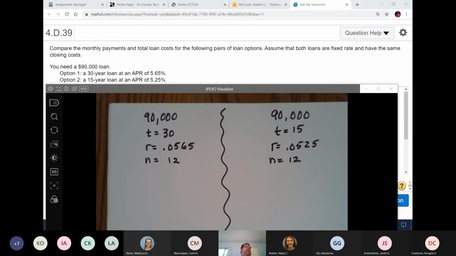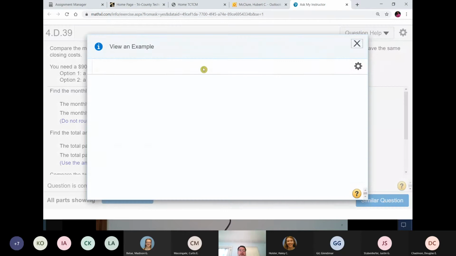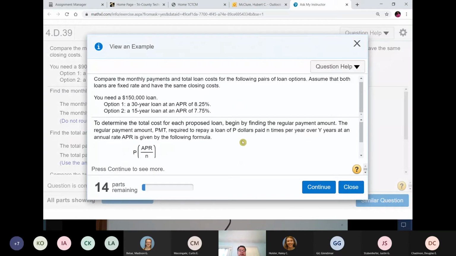Did I give y'all a depreciation formula on a word processor? I thought I gave y'all one, but anyway, I'll just pull it up and view an example so I can pull up the formula right quick. Here it is. There it is right there.